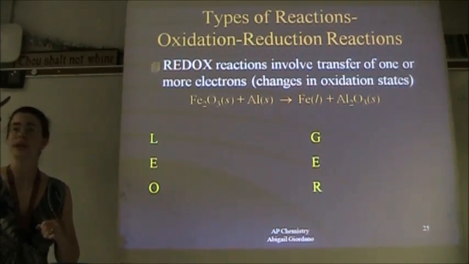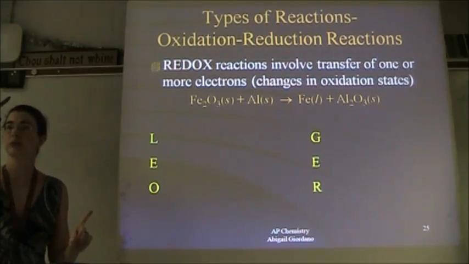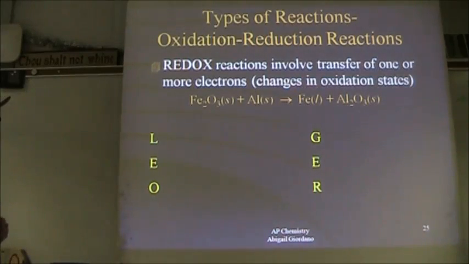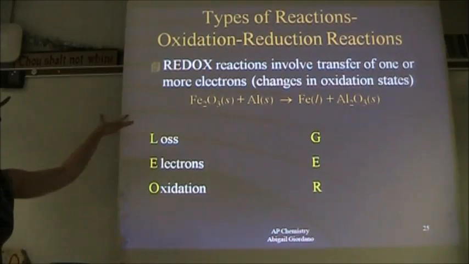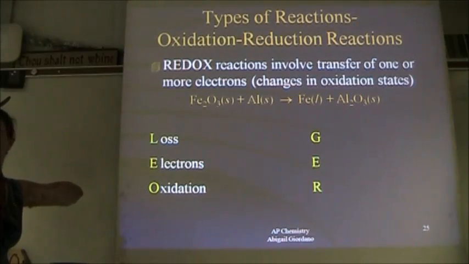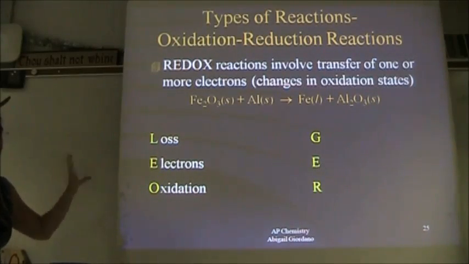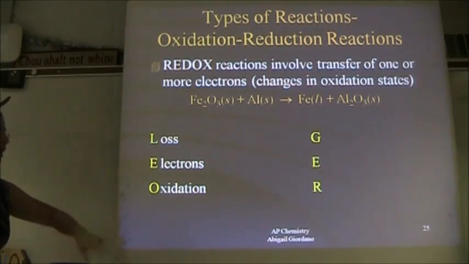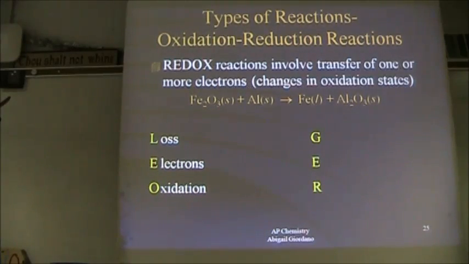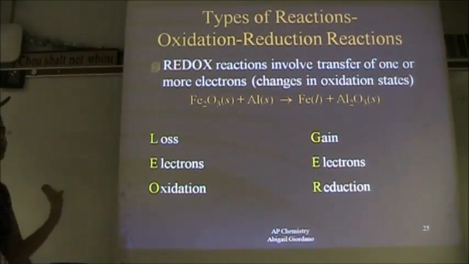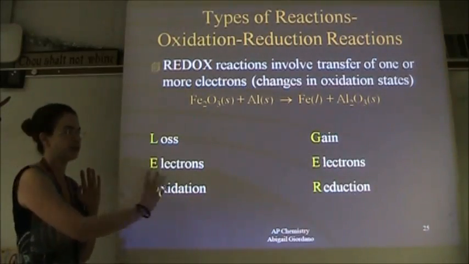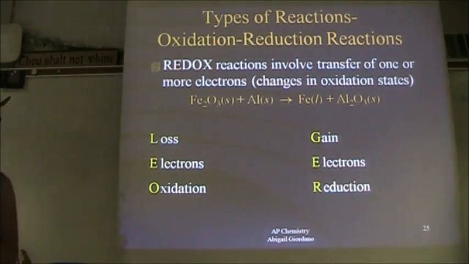They don't say roar, they say grr. It's a fact, look it up. But there it is. If you have a loss of electrons of some element from left to right, reactants to products, it has been oxidized. If an element gains electrons from left to right, it has been reduced.